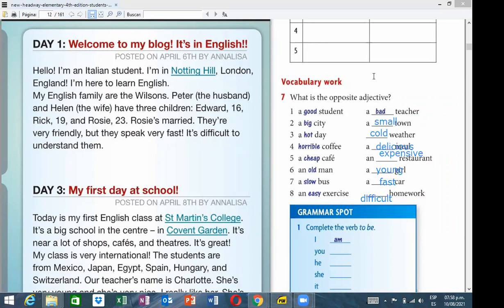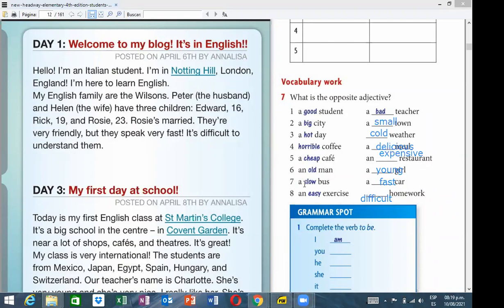Horrible coffee. A delicious meal. Okay. Also you can say in that part, fantastic, right? Okay. The next, a cheap cafe. An expensive restaurant.